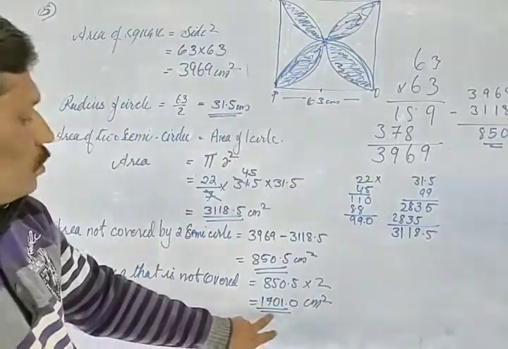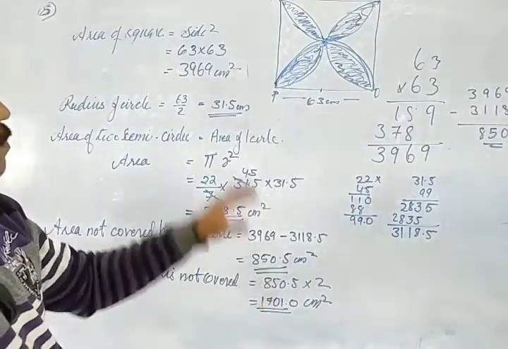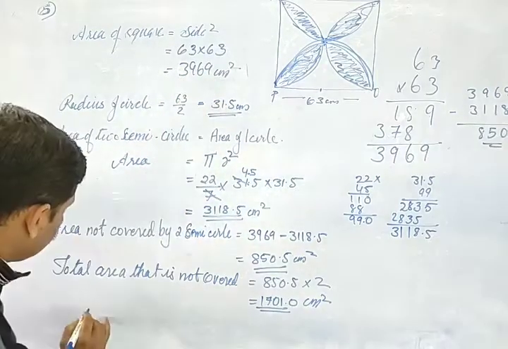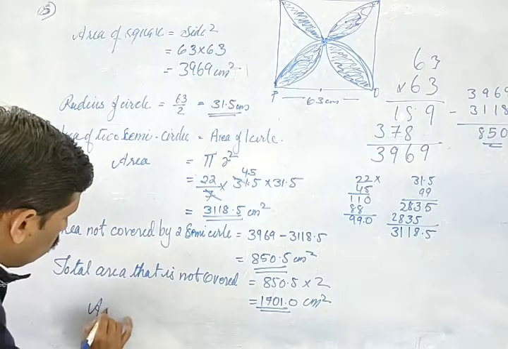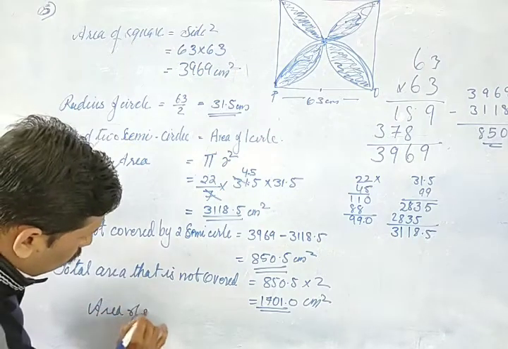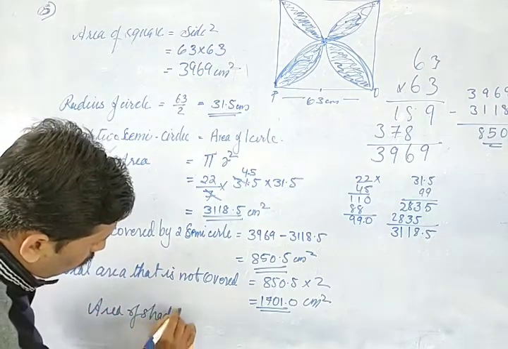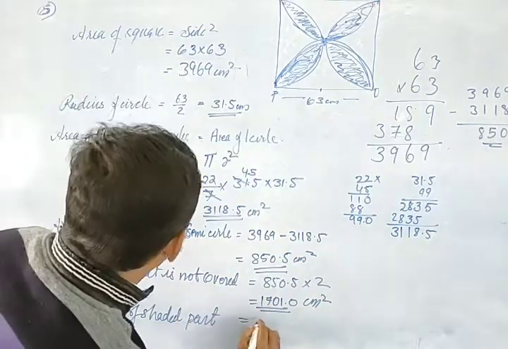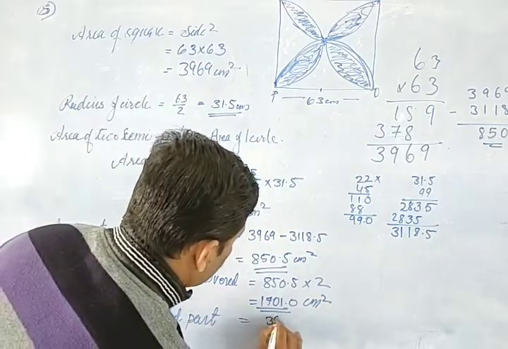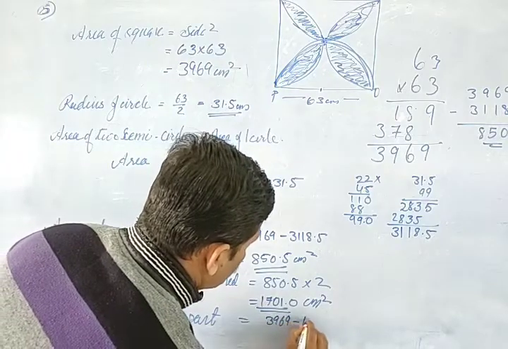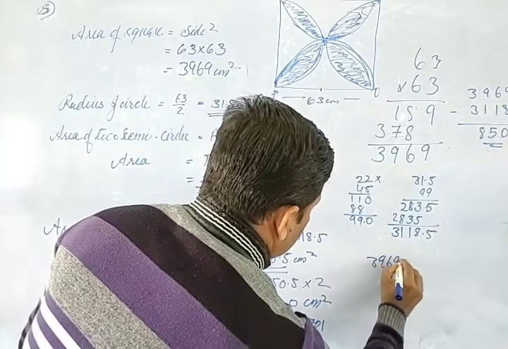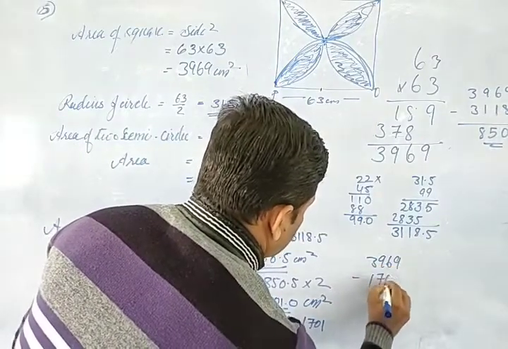So this we have to subtract from 3969. That is equal to 3969 minus 1701.